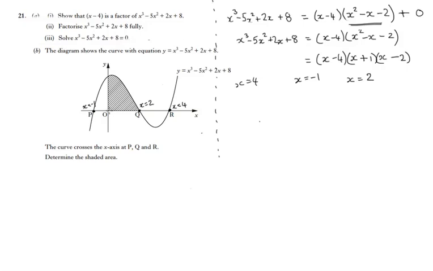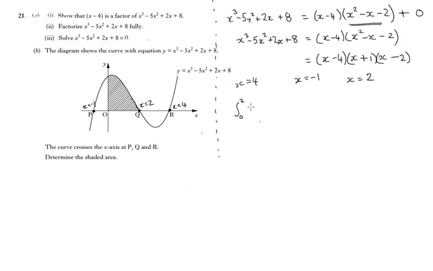Now we're asked to find this shaded area, and that's integration now. We have to find the integral from 0 to 2 of whatever the formula for this curve is.